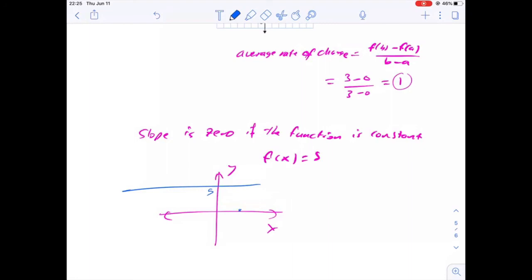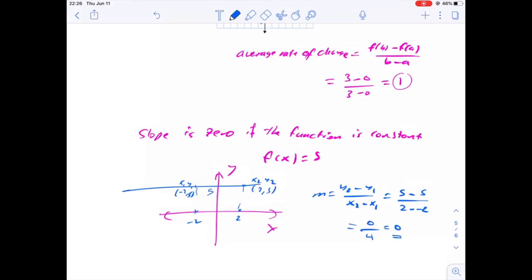We can find 2 points, for example (2, 5) and (-2, 5), and we call them x1, y1, x2, y2. So the slope m is y2 minus y1 over x2 minus x1. y2 is 5, y1 is 5, x2 is 2, x1 is -2. So we get 0 over 4, which is equal to 0. If the slope is 0, that means the function is constant, as we can see here.